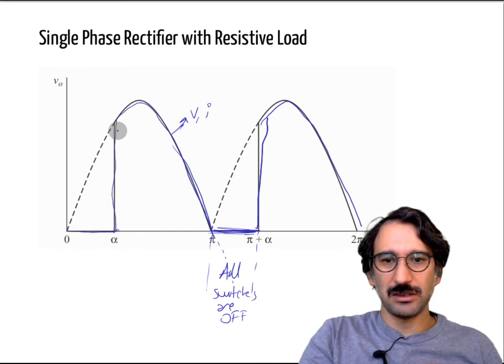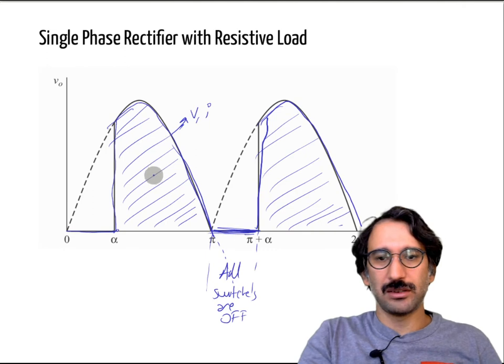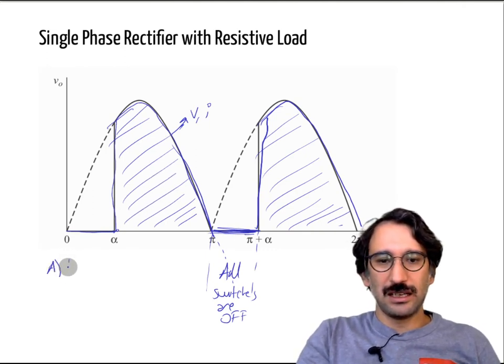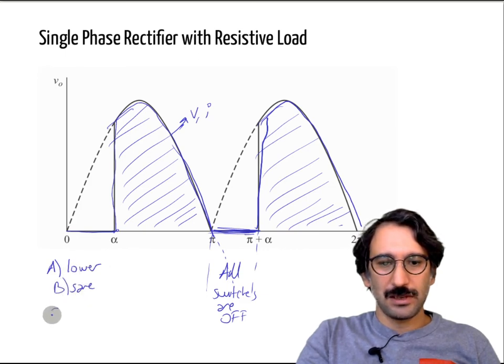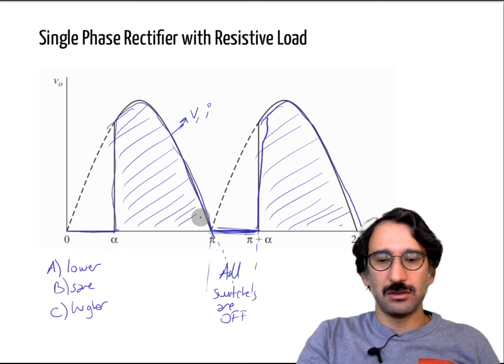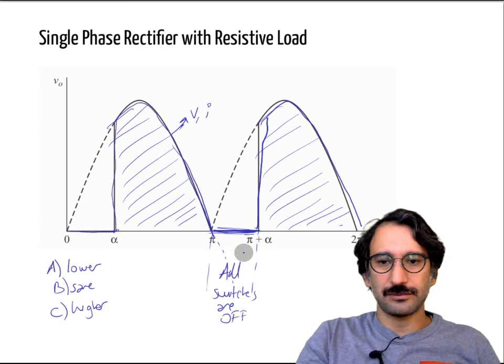And if you think about it, what is the average of that one compared with the current source? Is it A lower, B same, C higher? So what is the average voltage in this case compared to the one with the ideal current source? Okay, I will just give a couple of seconds.